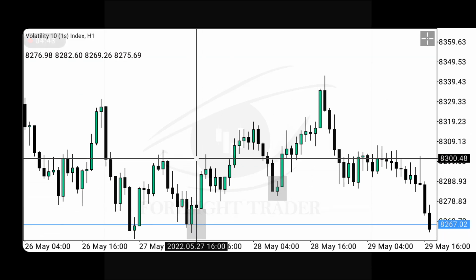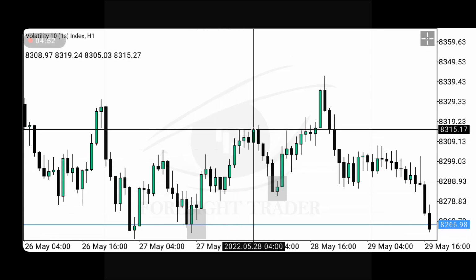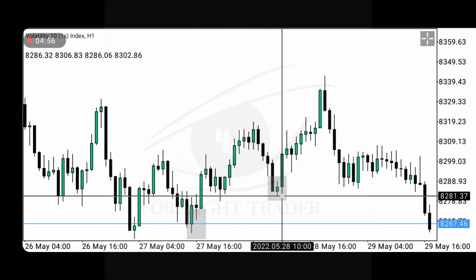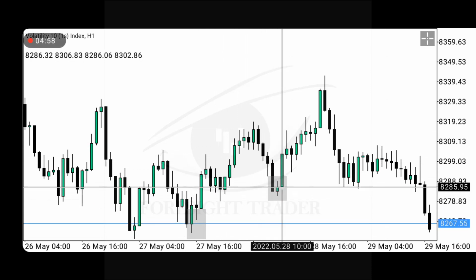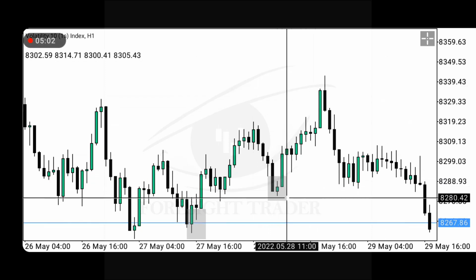This is a nice rally, a minor retracement, another rally, then a dip into a discount, or should I say, then a move up again.